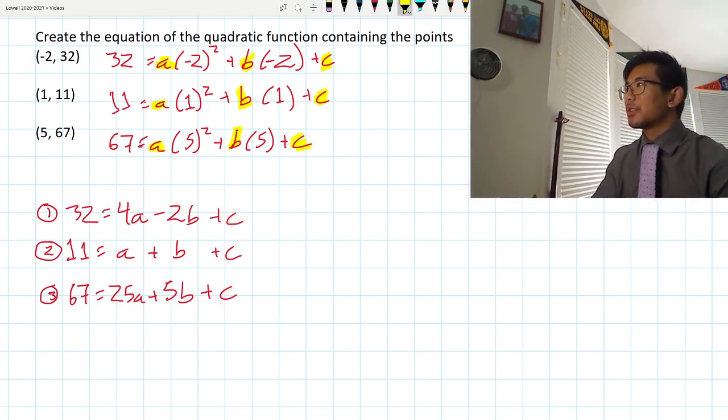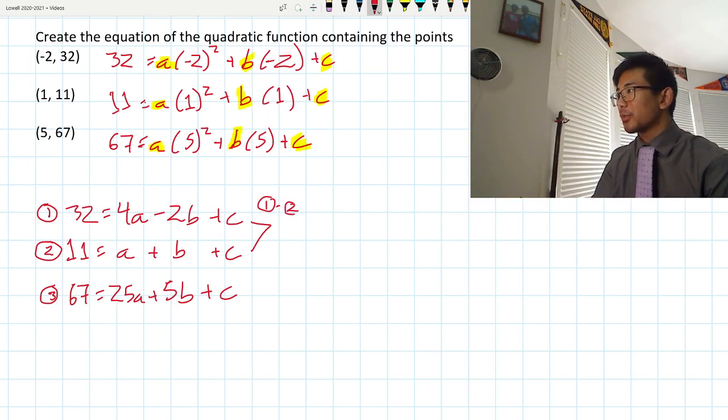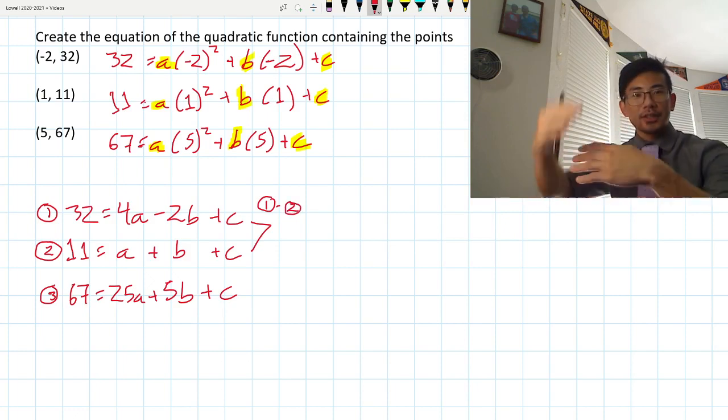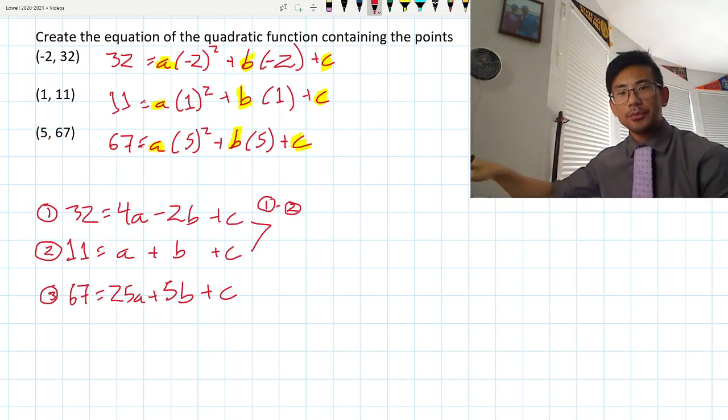And so what I'm going to do is take these first two and subtract them. So I'm doing equation 1 minus equation 2, and that's usually how I'll notate it, right? I think it's always helpful to just number your equations. I'm not going to show the downward thing because we don't need to multiply them at all because they will cancel out c as is.